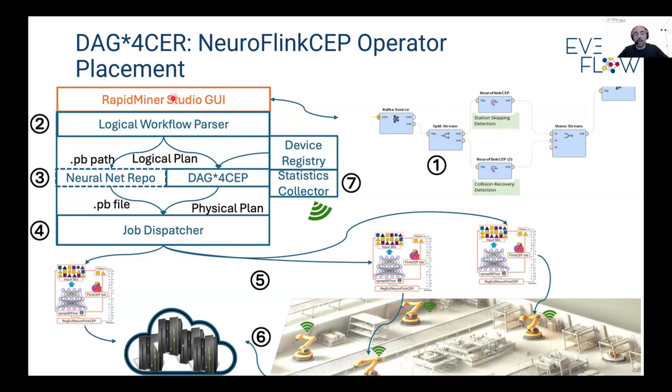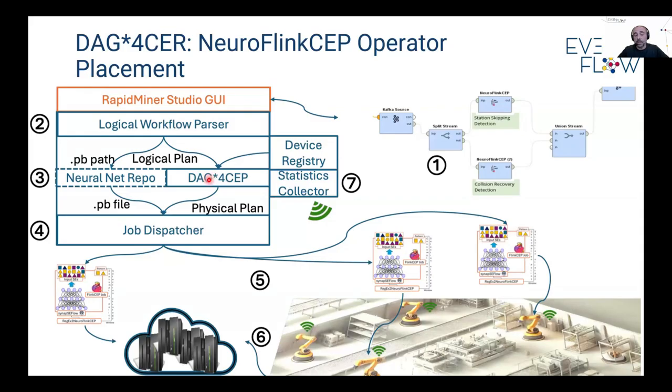This is done in a canvas provided by RapidMiner Studio by Altair. There's a workflow parser here, which receives the logical workflow that is drawn, finds the neural network that is appropriate for the application field, and gives the logical workflow to the DAGstar for Share Optimizer.